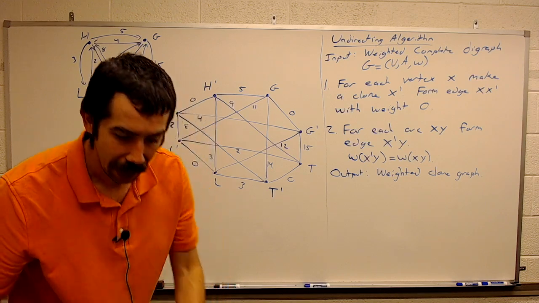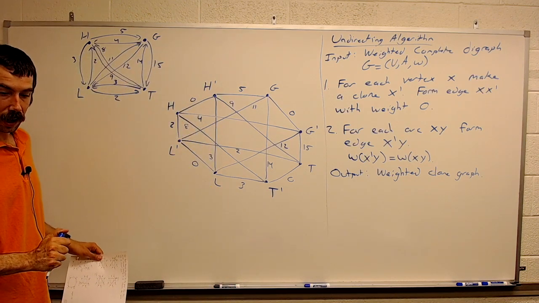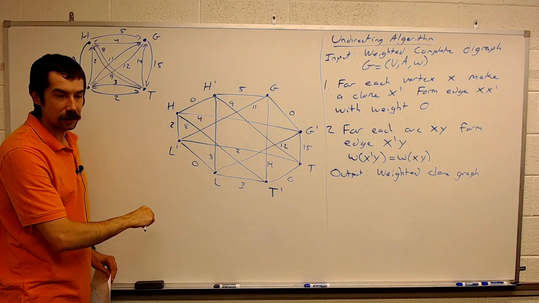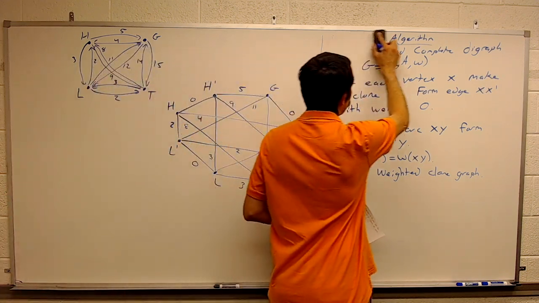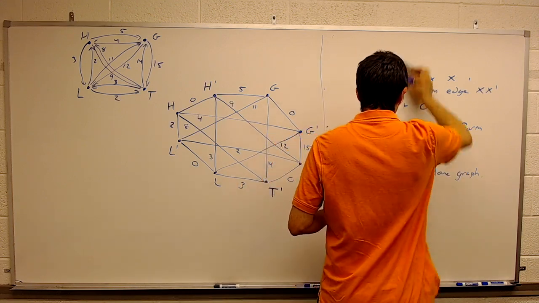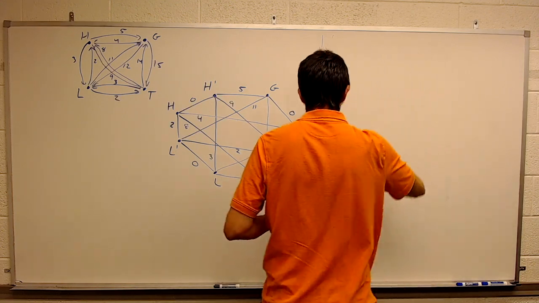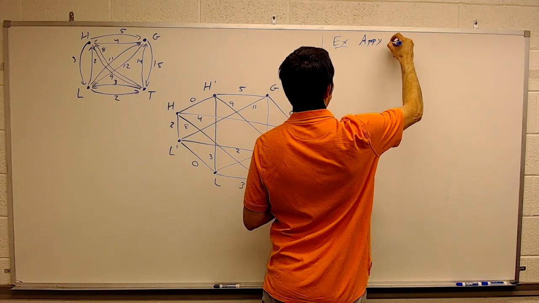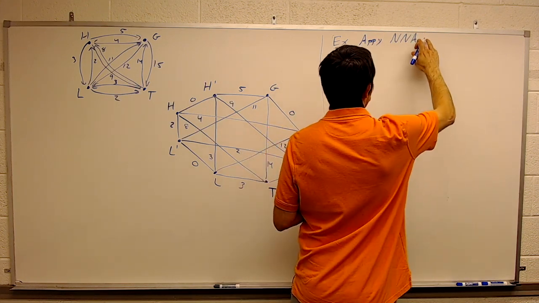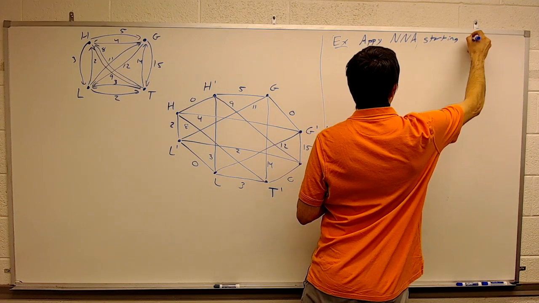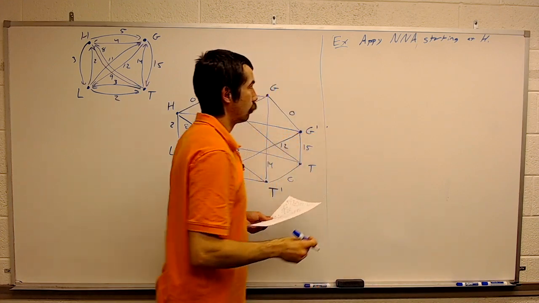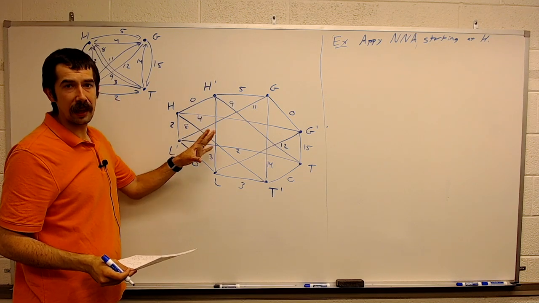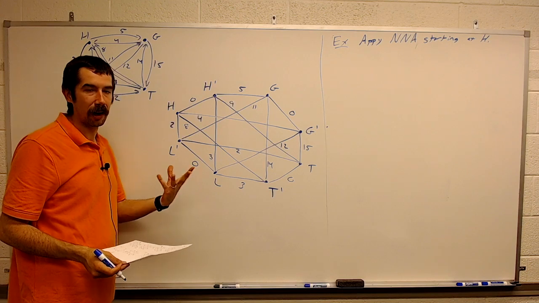All right, so what I want us to do now is apply the nearest neighbor algorithm to this graph starting at H. Okay, we're going to do it on our clone graph, and then we're going to describe it in terms of the directed graph, because the directed graph is really what's happening in real life.